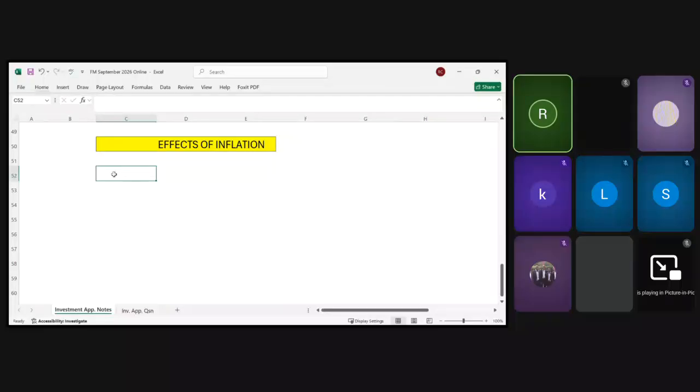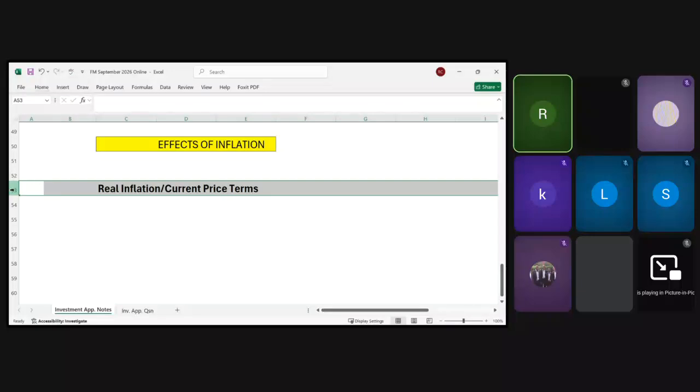We are going to look at two types of inflation, that is real and nominal. Let's have two sides here: real, or current price terms. Anything that is in real terms or current price terms, what does that mean?